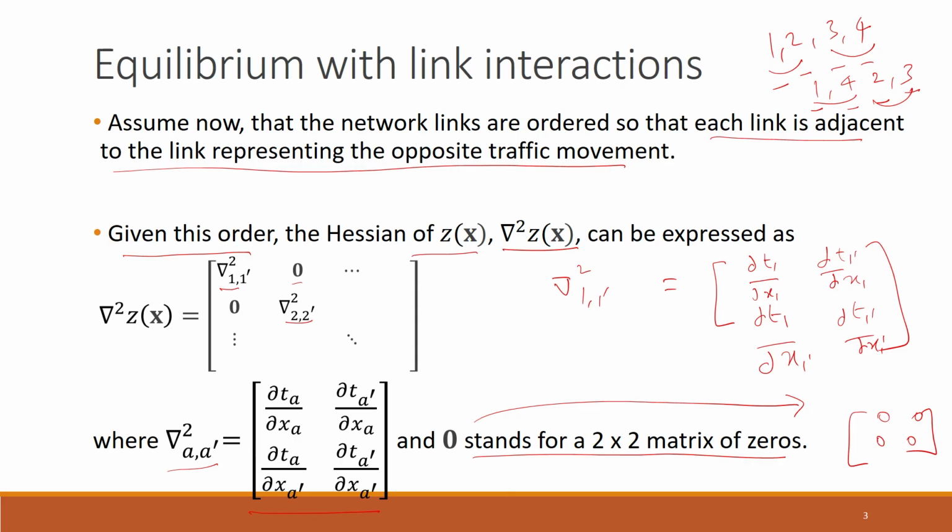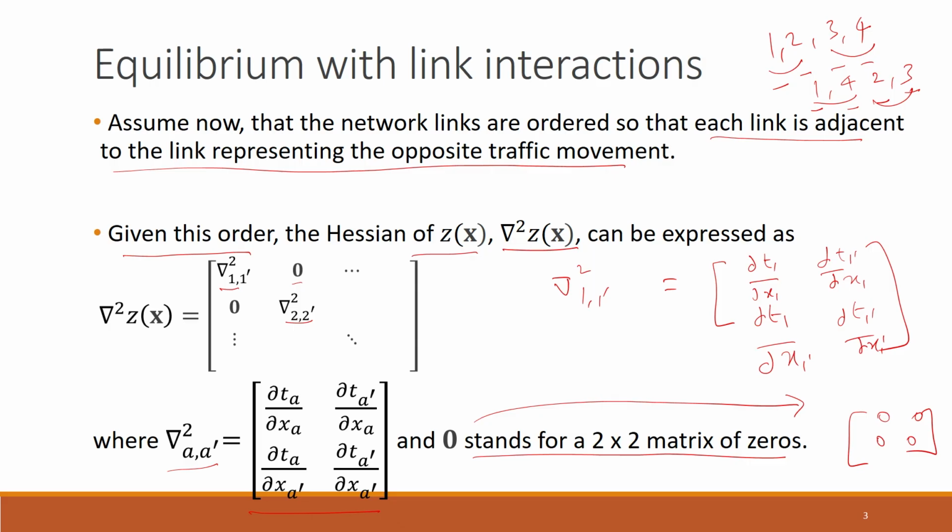And you can guess why we are getting these kinds of matrices, because the travel time on the first link will only be a function of the flow through that link and the flow through the opposite direction link, which is 1 dash, okay.